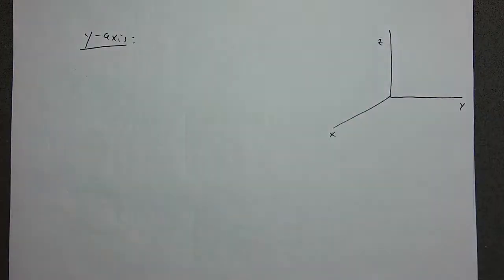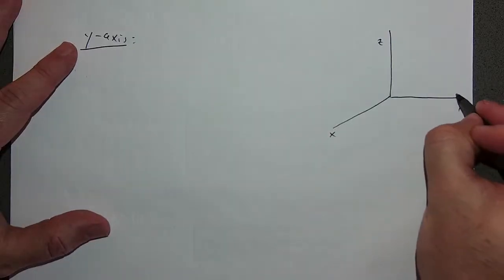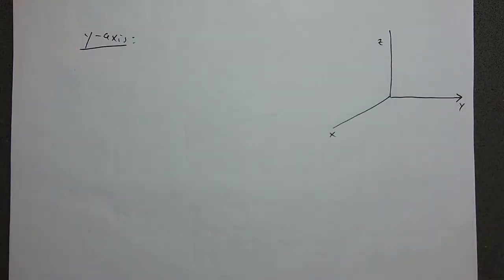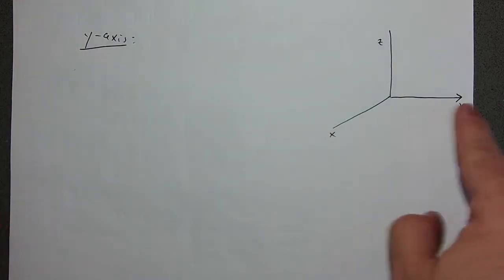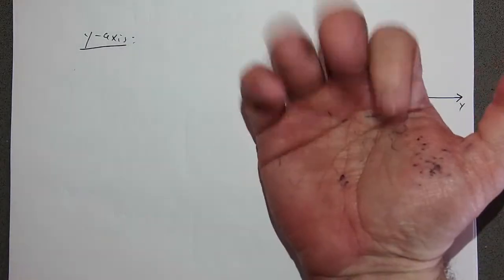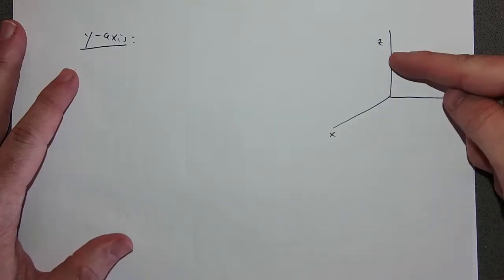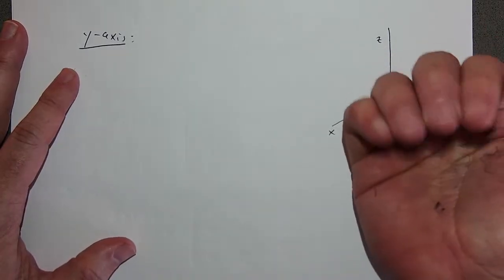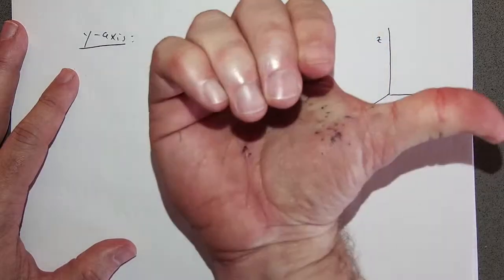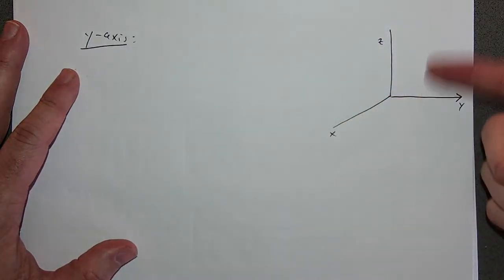Okay, so here, now we are rotating about the y-axis. Here's the positive y-axis, and the right-hand rule indicates a rotation like this, so that the positive z-axis needs to rotate towards the positive x-axis. That's what my right-hand rule is indicating here when I'm rotating about the y-axis.